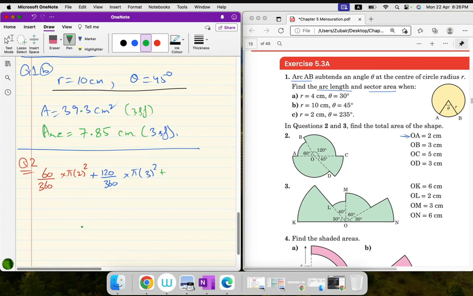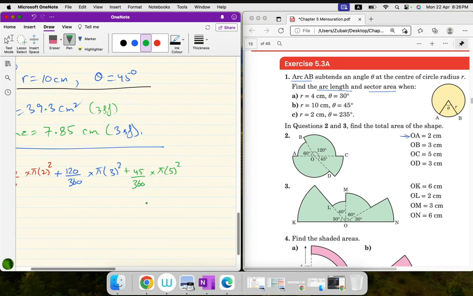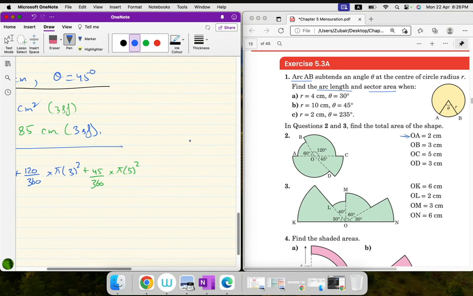Then the third one with radius OC, which is 5: angle by 360 into pi r squared. Then the fourth one, where the angle is missing.